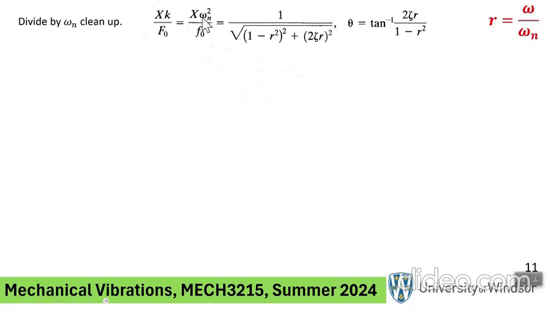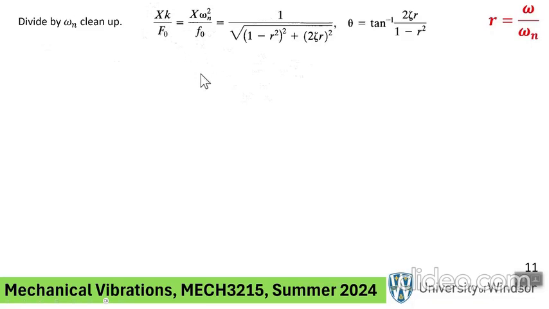Remember, little f naught was big F naught over m, and if you write that out and clean it up, you get X k over F naught.